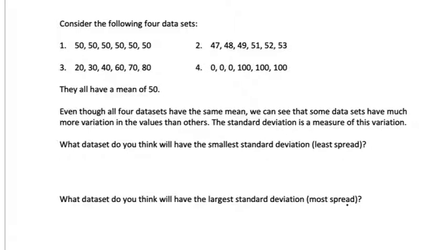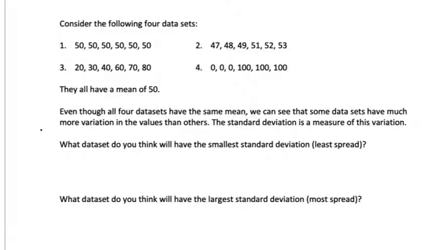However, they're very different. And so we want to think about how the value of the standard deviation would match with these data sets. Standard deviation measures how spread apart the data are. If the standard deviation is small, that means that they're not very far spread apart.